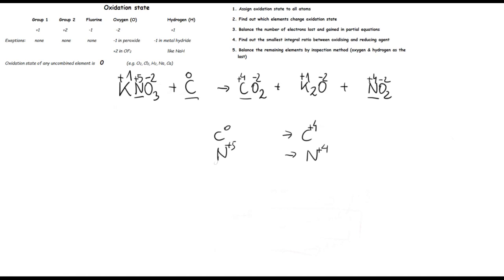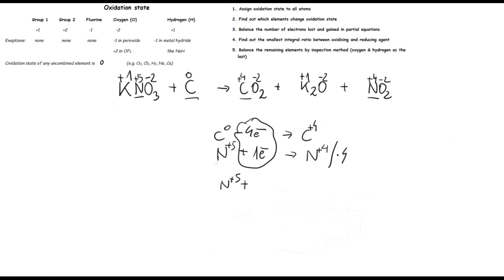Balance the number of electrons lost and gained in the partial equations. So carbon, to move from 0 to +4, must lose 4 electrons, and nitrogen to move from +5 to +4 needs to gain 1 electron. So as we see, they are not balanced, as we have -4 and +1. So to balance them, we need to multiply the second one by 4.